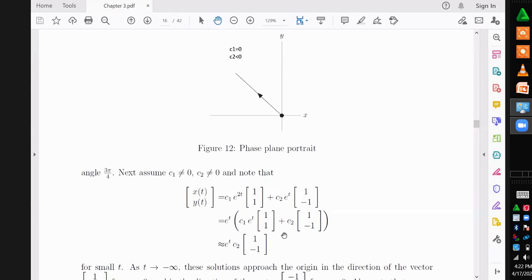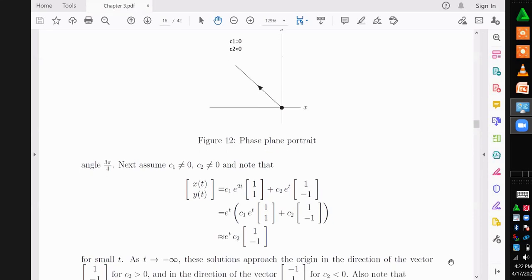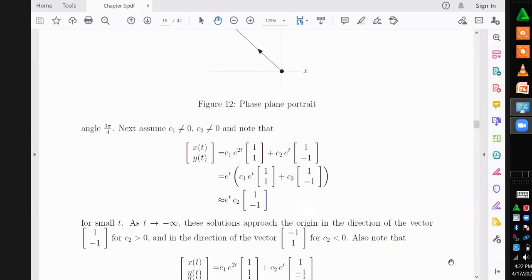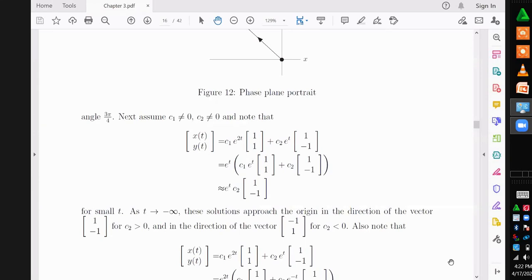For small values of t, that is as t approaches minus infinity, this term is just 0. So this is exponential t times C2 (1, minus 1). So as t approaches minus infinity, the solution approaches the origin in the direction of the vector (1, minus 1) for C2 greater than 0, and in the direction of vector (minus 1, 1) for C2 less than 0.